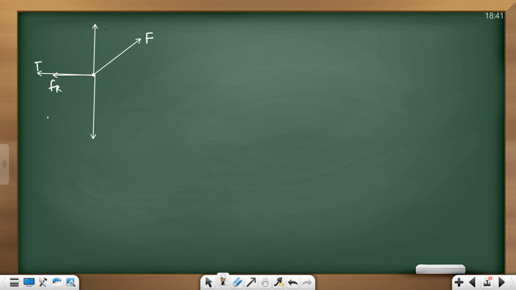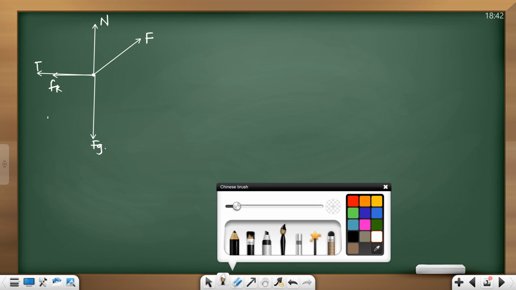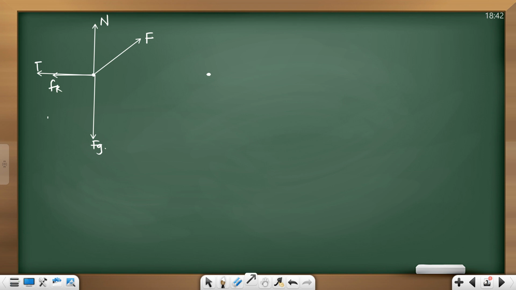Fk, F, normal, and Fg. And we know that once we have what? An inclined force, what do we have to resolve. So can we redraw our free body diagram very quickly? Because we're not going to work with that. We're going to work with this, that.